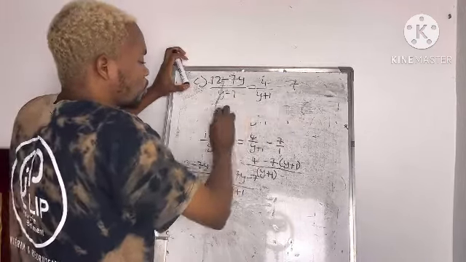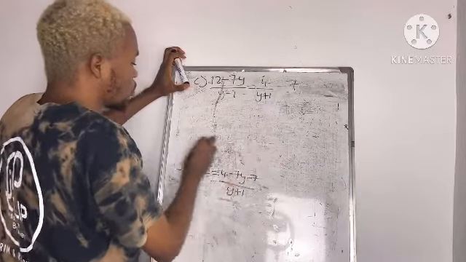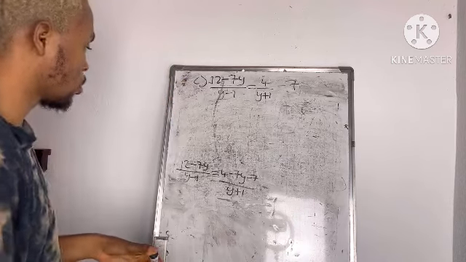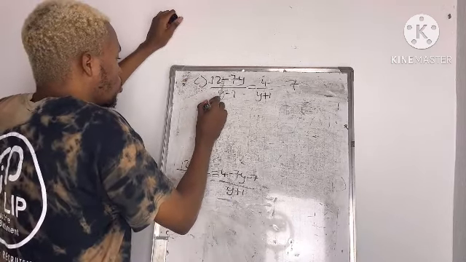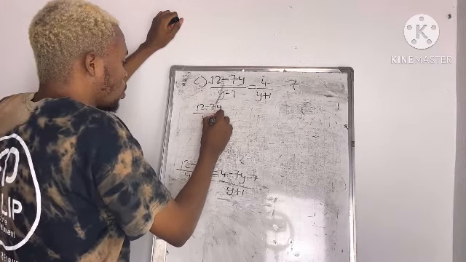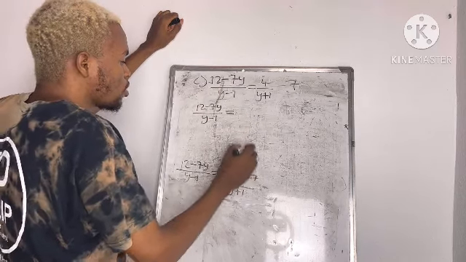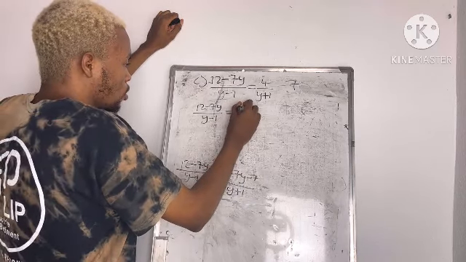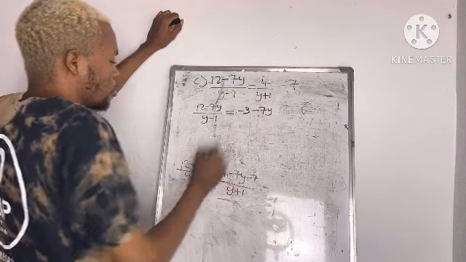Then next, 12 minus 7y all this divided by y minus 1 equal to 4 minus 7, here you have minus 3 minus 7y.